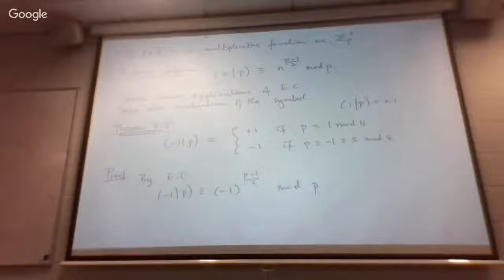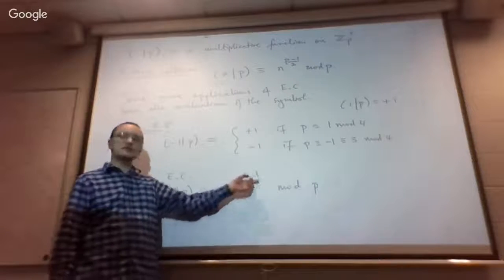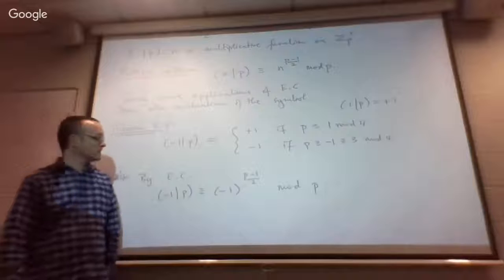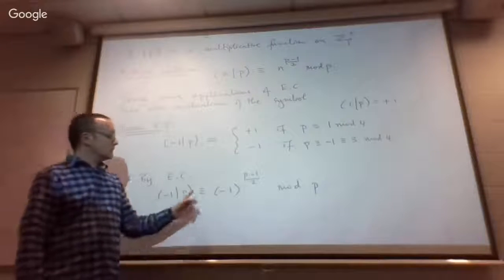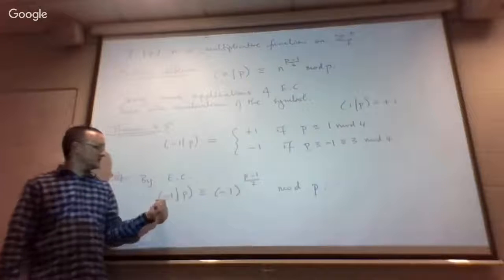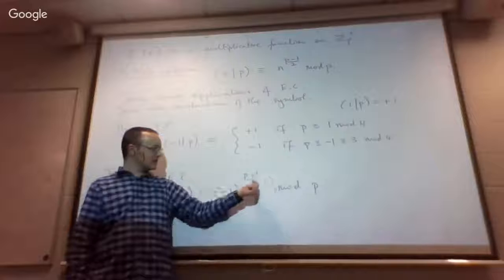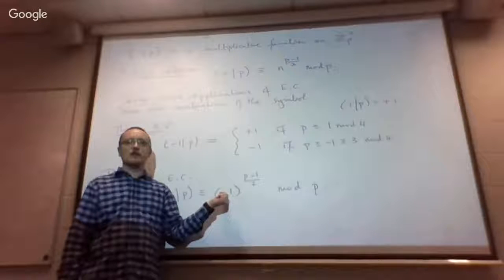So that's what Euler's criterion tells us, that the Legendre symbol is congruent to -1 to the power of (p minus 1)/2. Now, not only is it congruent, the thing on the left is +1 or -1 by definition, but the thing on the right is a power of -1.